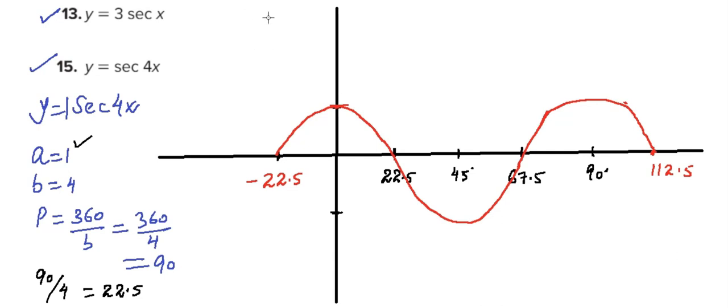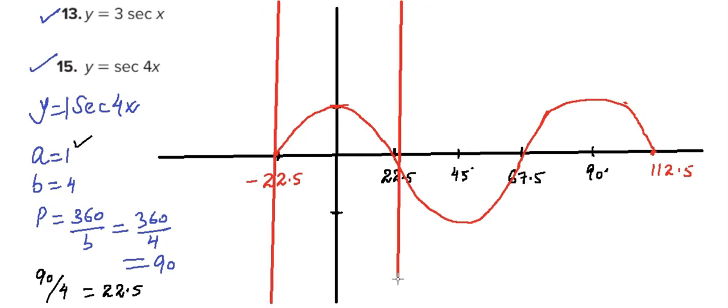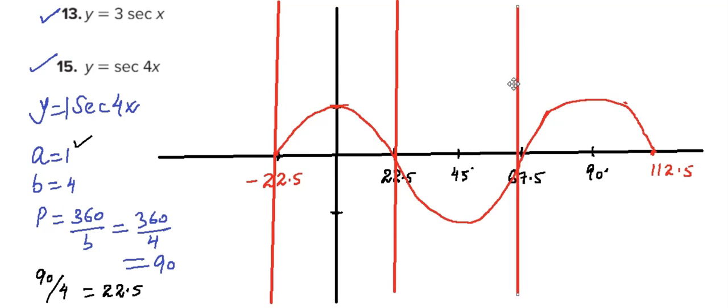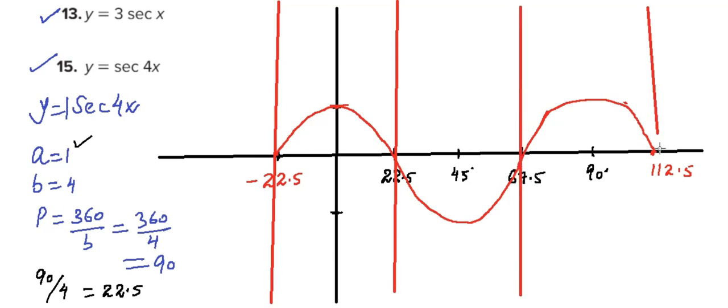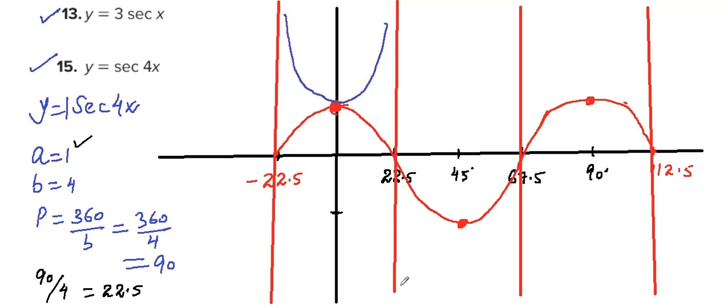So now you can draw the asymptotes. One asymptote is here, one asymptote here, and one asymptote here. This is a little bit open, but they should be the same, and one asymptote here. Now you know how to draw the parabolas. One point is here, one point is here, one point you can take here. So draw the parabolas now: upward parabola here, downward parabola here, and again we have an upward parabola.